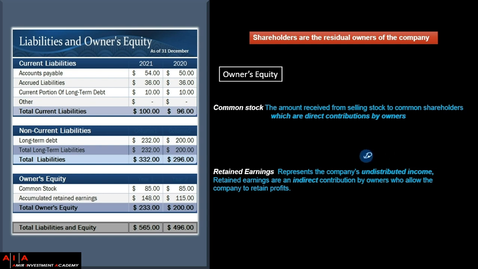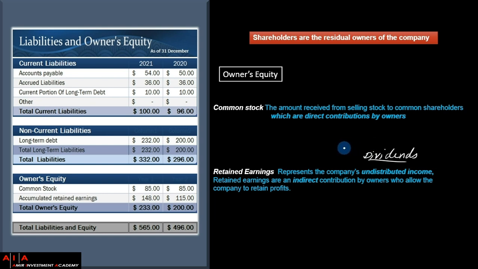I'll write it here. Dividends, right? If a company gives out dividends, that is a form of distributing those incomes. But when you do not distribute those incomes through paying dividends, that is the retained earnings.